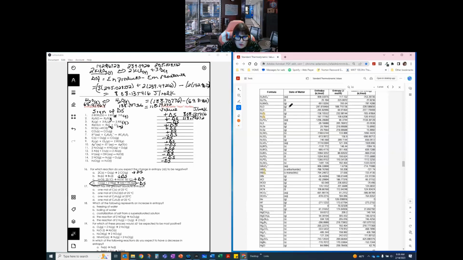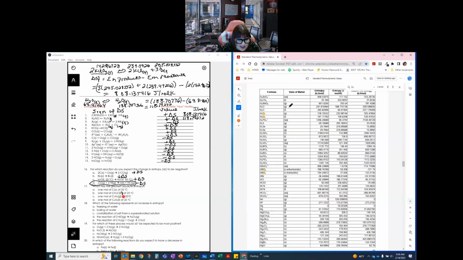Which has the greatest absolute entropy? So which has the most disorder? That's what we're being asked. And we're all at 25 degrees. This should be a liquid. So 1 mole of C solid, it's a solid. CH3Cl, and this is a liquid.